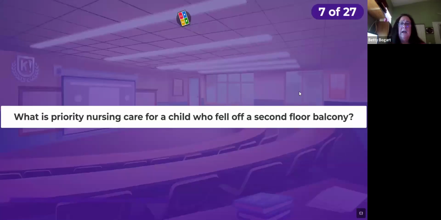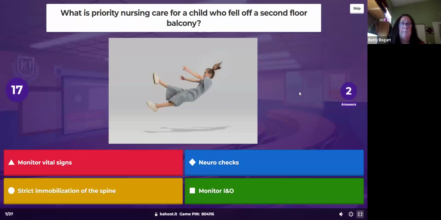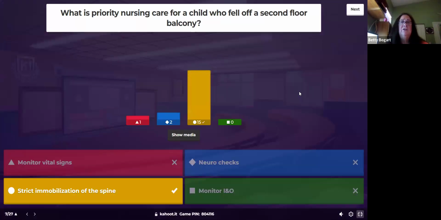What is priority nursing care for a child who fell off the second floor balcony? If you have a child who's fallen off a balcony, our biggest concern is, are we going to fracture the spinal cord and create some sort of paralysis?